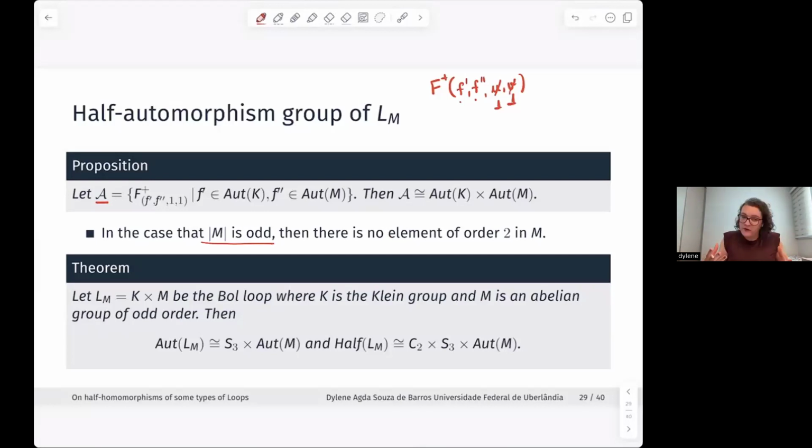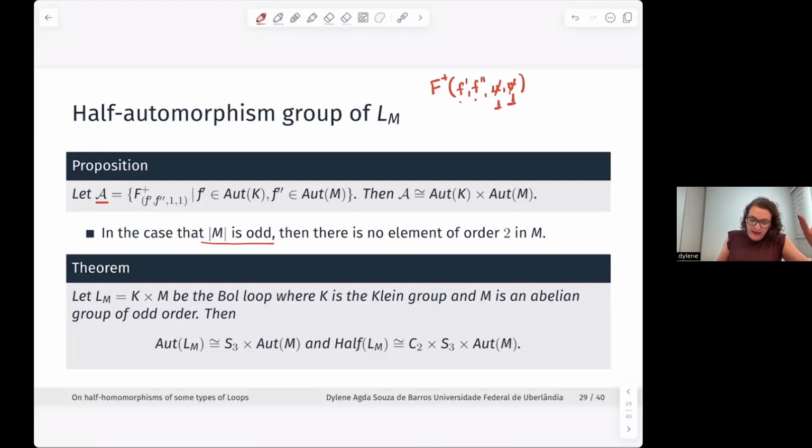Then the automorphism group of Lm is S3 times the automorphism group of M, and the half-automorphism group of Lm is C2 times S3 times the automorphism group of M, okay?